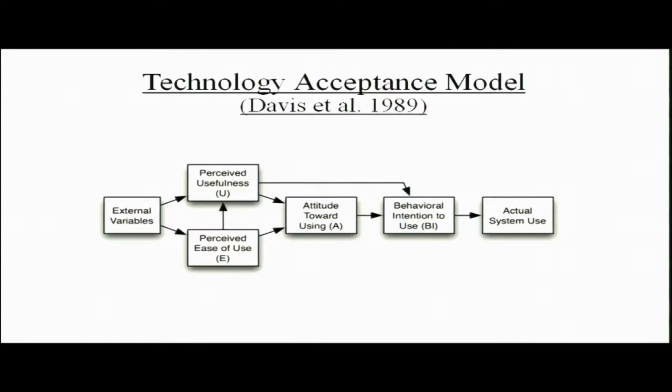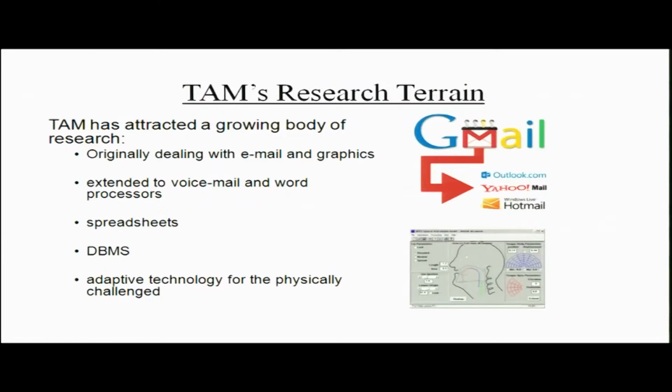Then comes the idea of the behavioral intention to use, which relates to the perceived usefulness and the intention with which the technology is being adopted, and then finally the actual system use. This is a very simple way of understanding how the technology acceptance model pans out in understanding the use of technology within the domestic sphere.